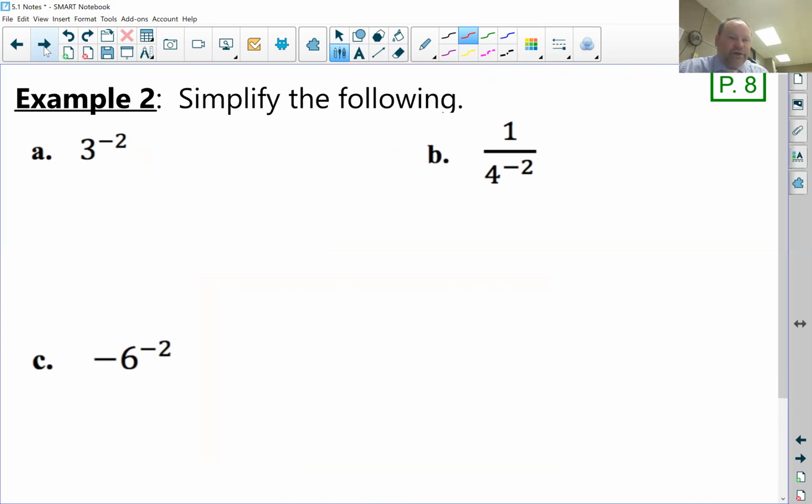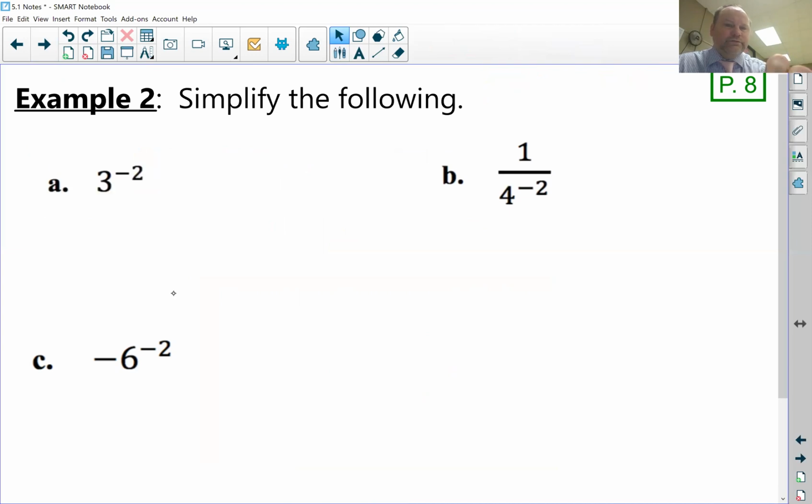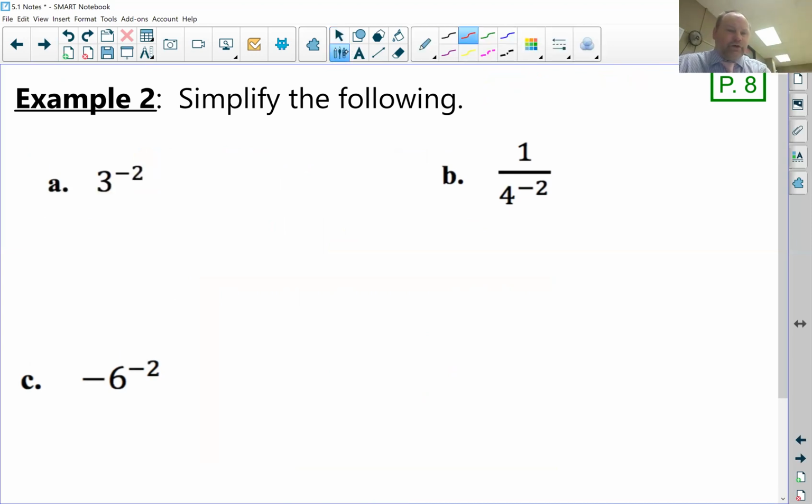All right, and it just changes the exponent. So 3 to the negative second would be the same as 1 over 3 squared. And 3 squared is 9, so 1/9.